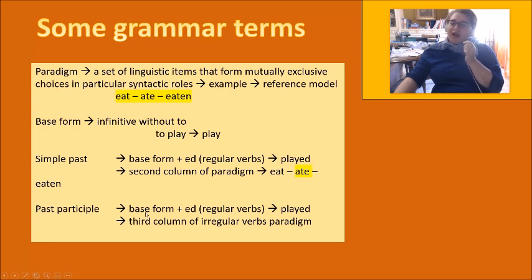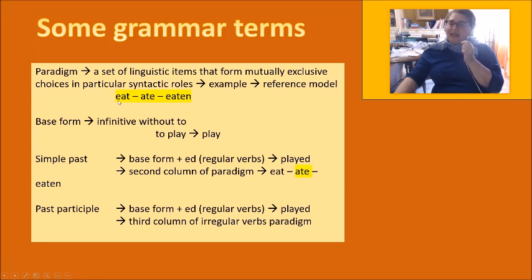Okay, with regular verbs, I add ed, so there is no difference between simple past and past participle. However, in the past participle of irregular verbs, I have to go and take the third form of the paradigm, which is eaten.